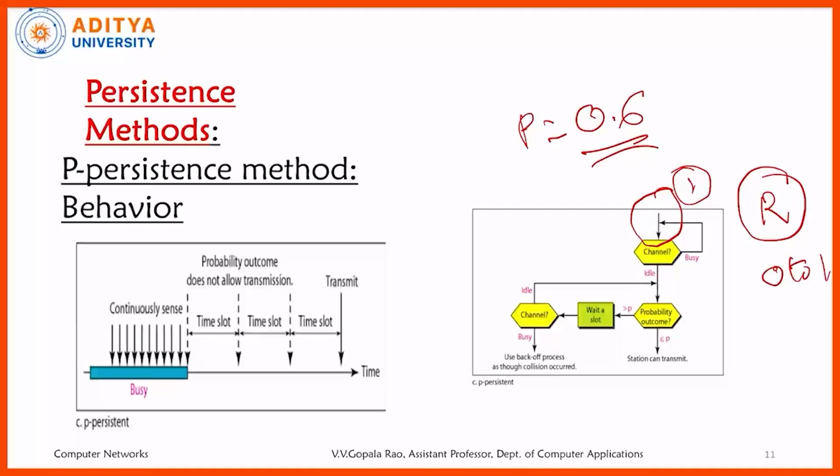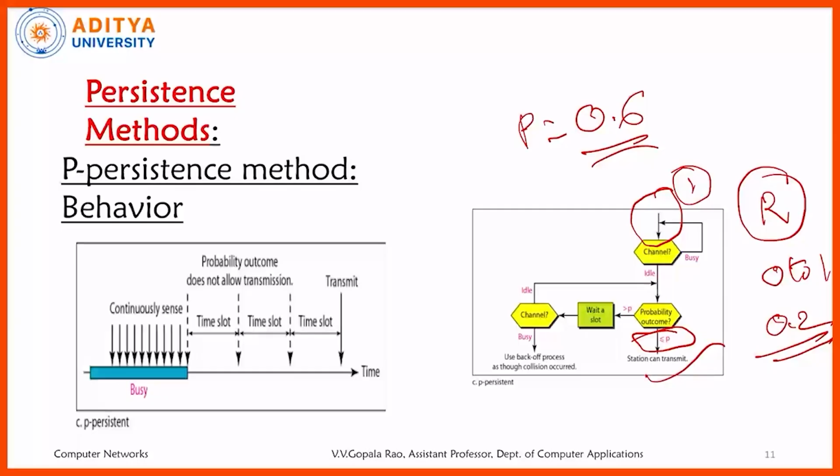Let us imagine that the R value we have generated is 0.2. Because the R value is 0.2 and the predetermined probability value is 0.6, and 0.2 is less than 0.6, this point is satisfied. That means because R is less than or equal to P, the station can be allowed to transmit the data.